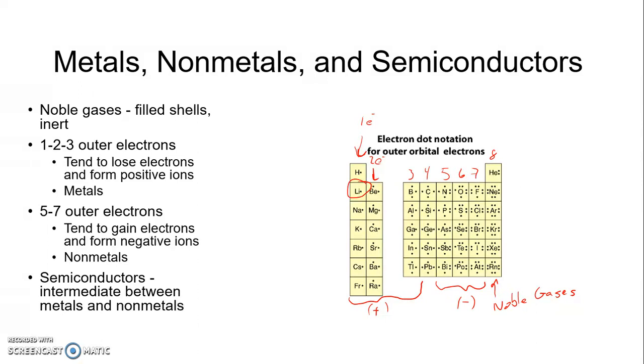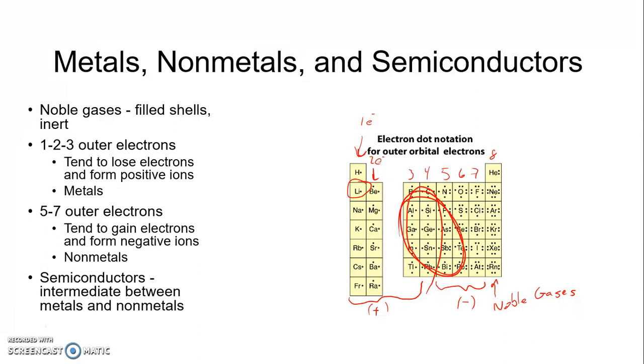But this region in the middle here, it's kind of fuzzy. This is the borderline between metals and nonmetals. These are what we call semiconductors. But the atomic property of those, it's not very clearly defined. It's not that the first, second, and third columns are metals and fifth, sixth, and seventh are nonmetals.